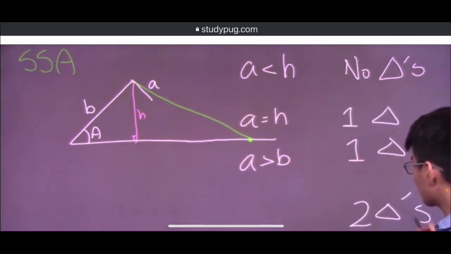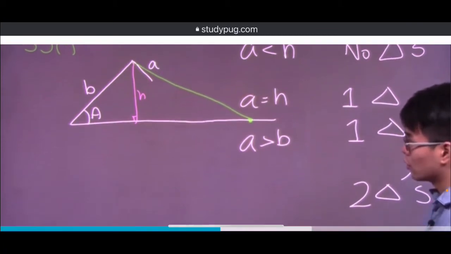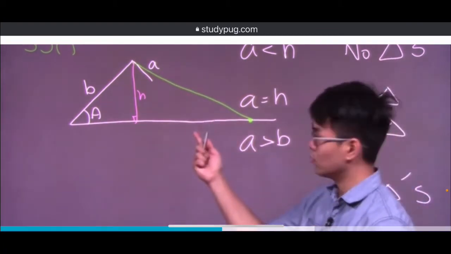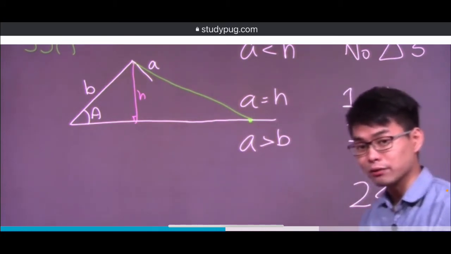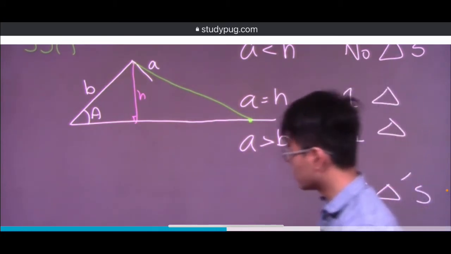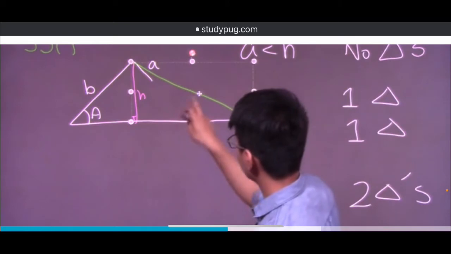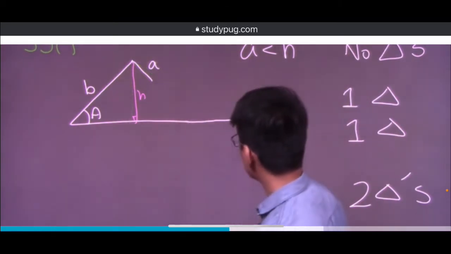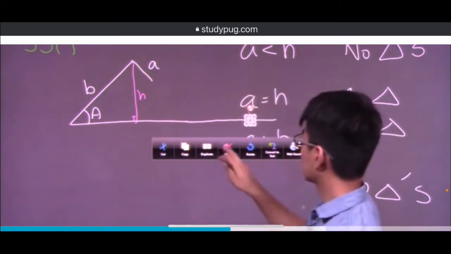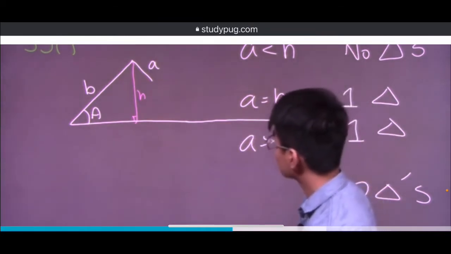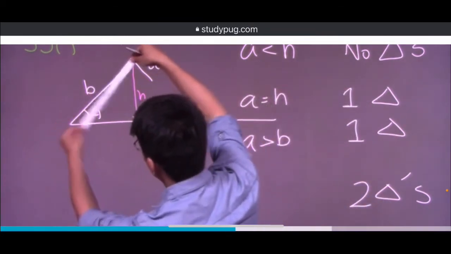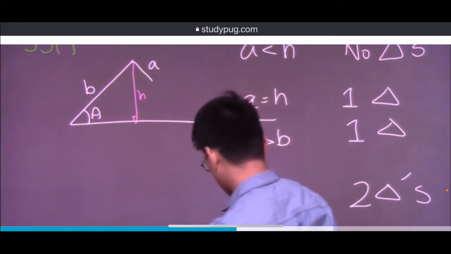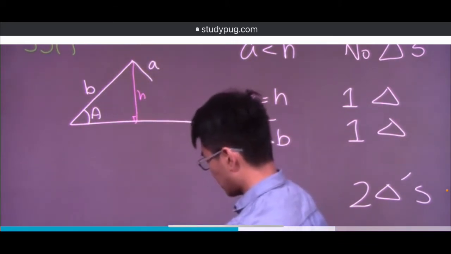So how do we have two triangles in one configuration? Well, because we have two configurations. That's how we get two triangles. Let me take away this side here and this dot. Now let's test out the sizes.